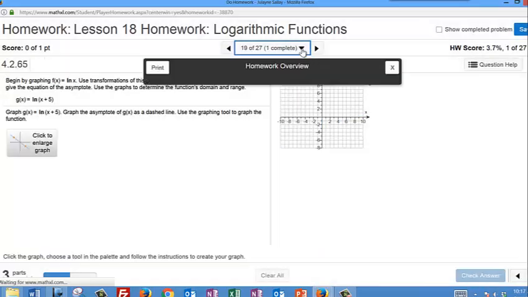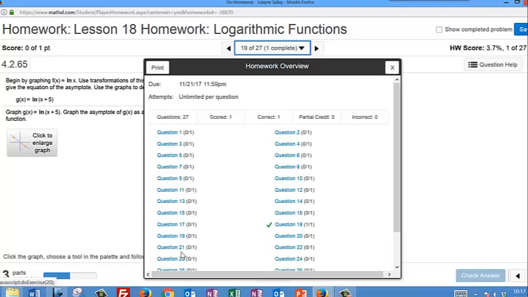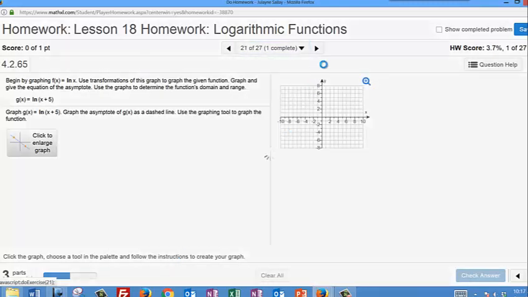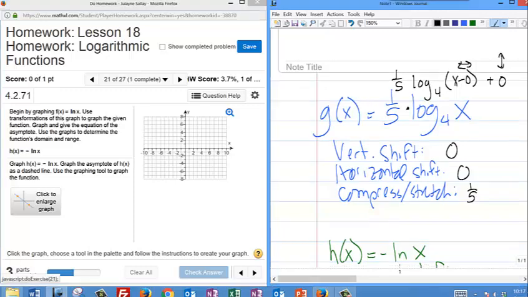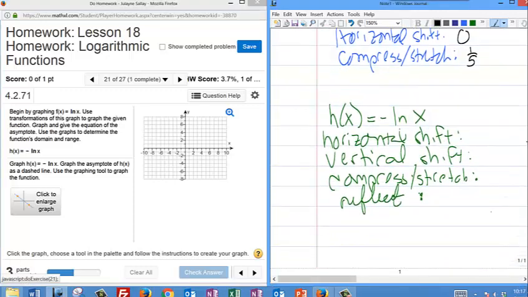So I'm going to do another problem, and choose 21 to show you how to do one with ln. And then go back to my scratch paper. I have h of x equals negative ln x. Notice that there is no horizontal shift, there is no vertical shift, and the compress and stretch, the number out in front, is 1.